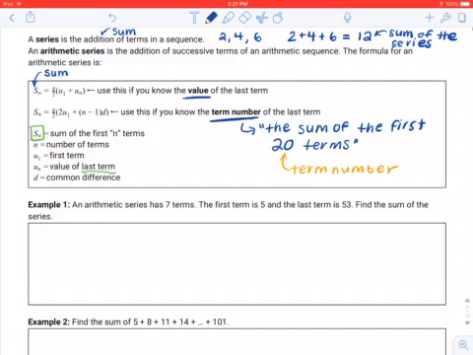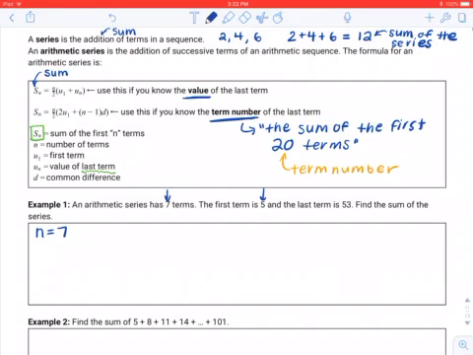So let's look at this first example 1. An arithmetic series has 7 terms. The first term is 5 and the last term is 53. Find the sum of the series. So let's write down what we know. It has 7 terms, which means that n is going to equal 7, the number of terms.